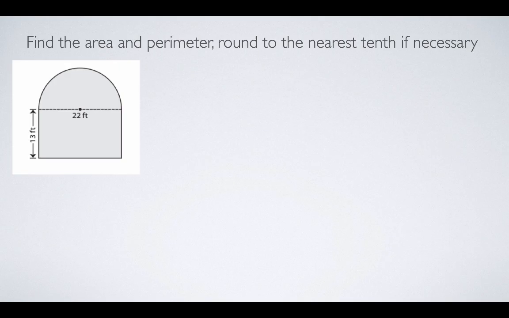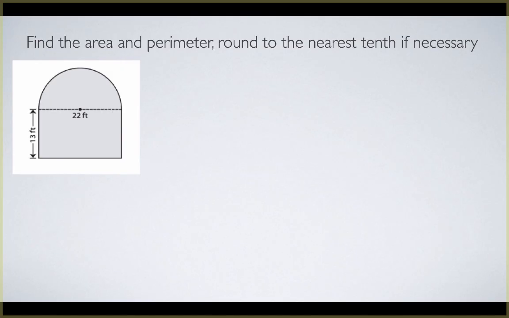Here's another compound shape. In this compound shape, we have a semicircle on the top and a rectangle on the bottom. We want to find the area and the perimeter. First, I'm going to find the area of my semicircle. The area of a circle is pi r squared, but we only want half of a circle, so we have to divide by 2. Our diameter here is 22, so our radius is half of that, which is 11.